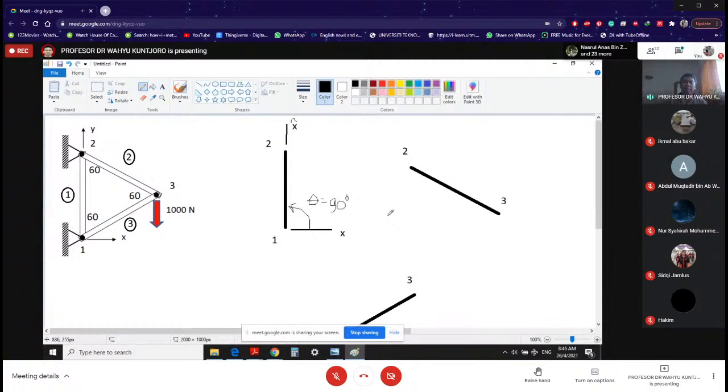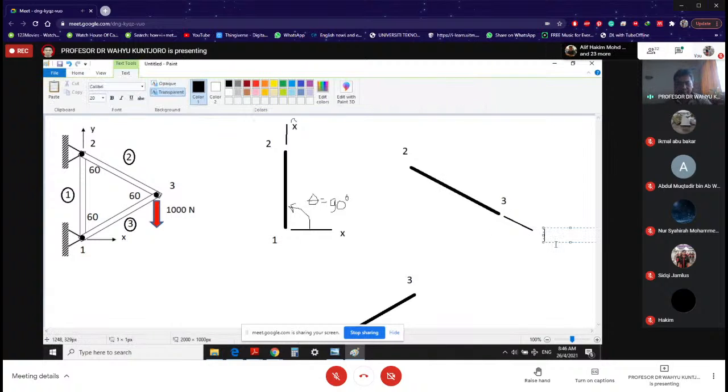Right, so now let's go to element number 2, which is this element. Now, positive x global is horizontal to the right. Now let's decide the positive x local. My suggestion as before is from low node number to higher node number. So that means from 2 to 3, which is going to be that axis.